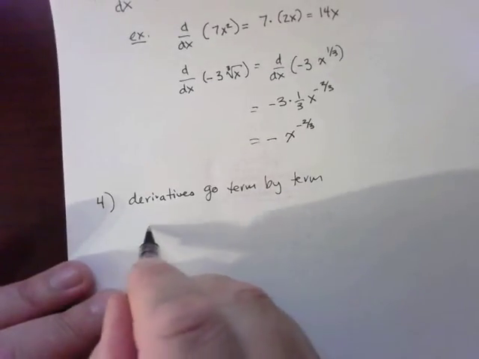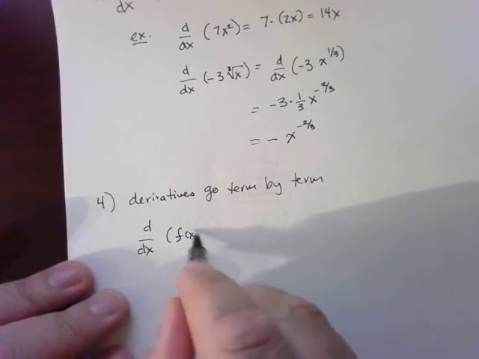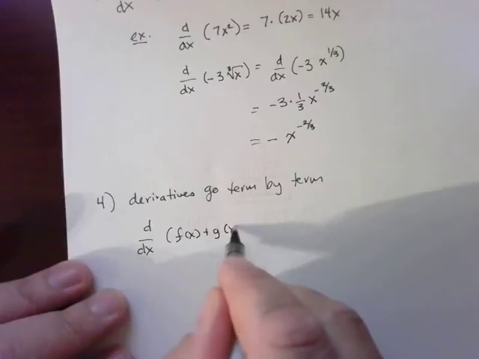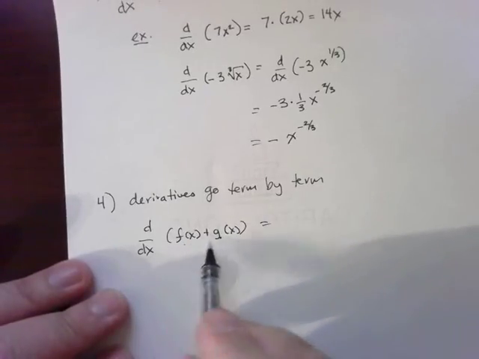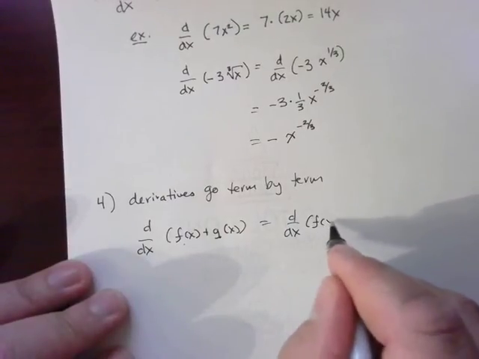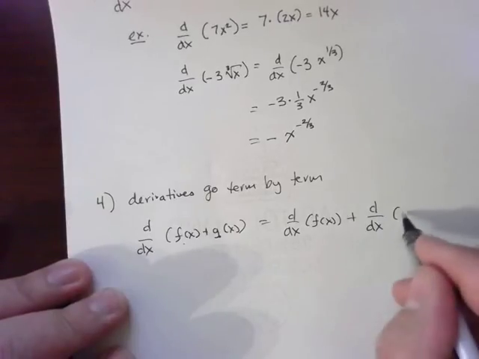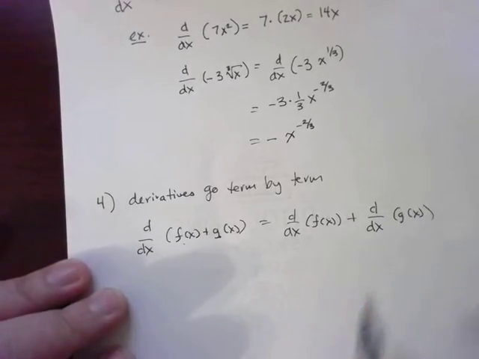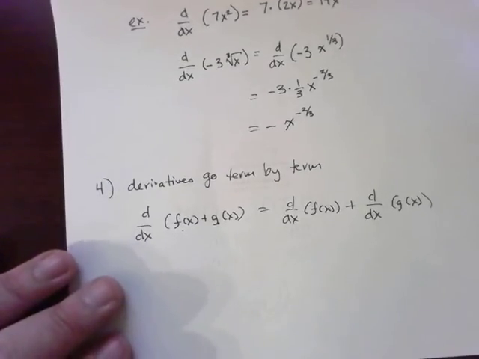If you want to write it in fancy notation, it's if I have multiple terms, f of x plus g of x, you do each term separately. This is not true for products, if we're multiplying two things together. We'll learn about that in the next lesson. But derivatives go term by term.